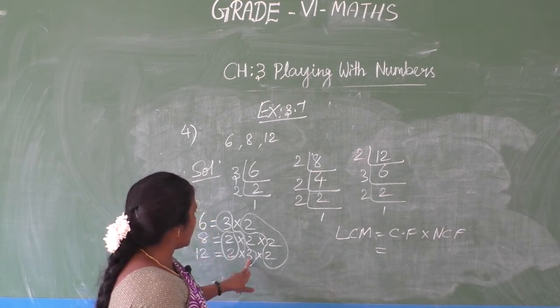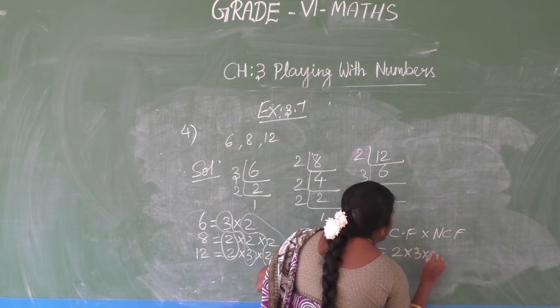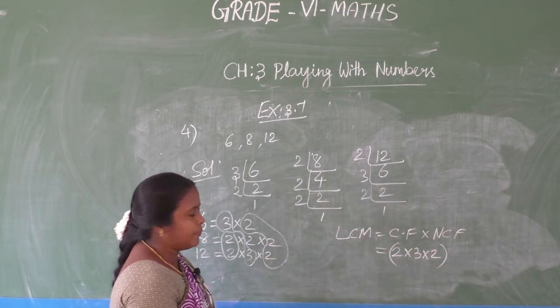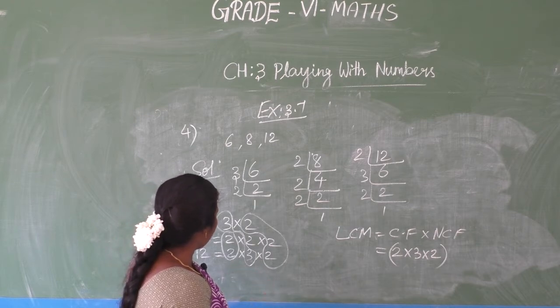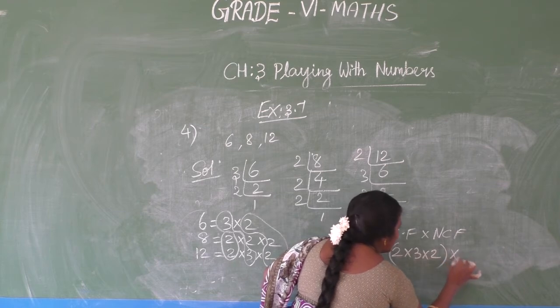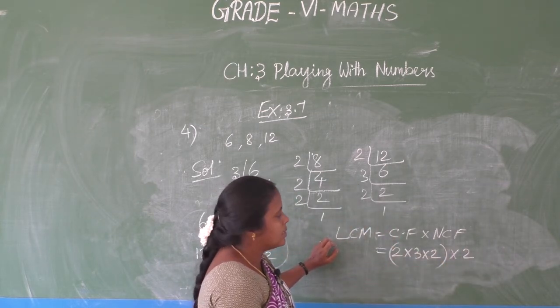So now in the common factor group, which numbers come? 2, 3, 2: 2 into 3 into 2. Sorry, I had left out this 2 and 3 first. And then the non-common factor is only this number 2. It goes to the non-common factor list.